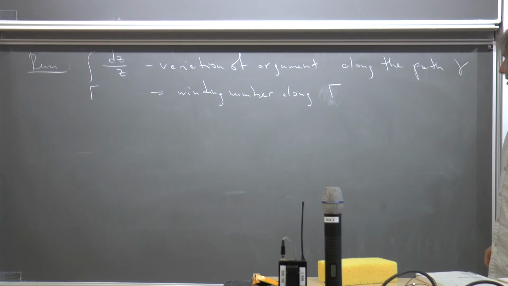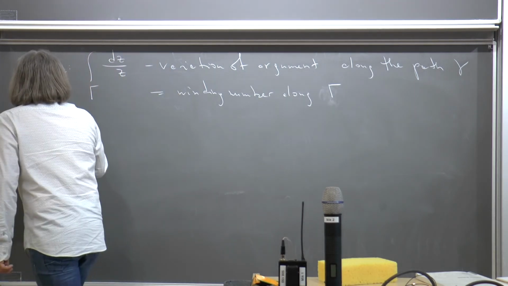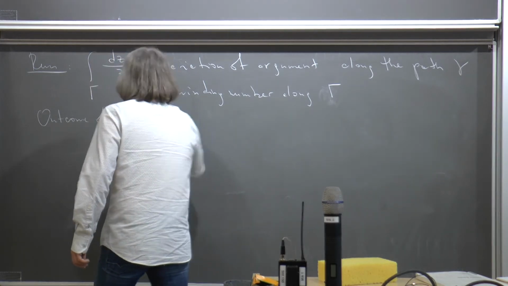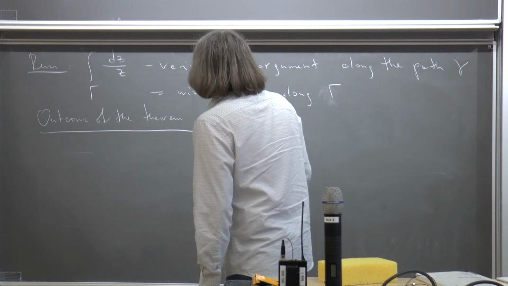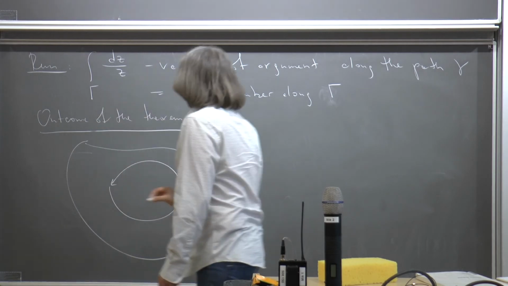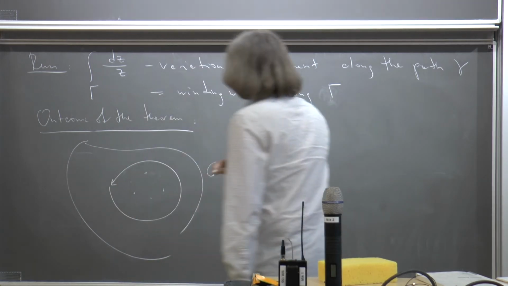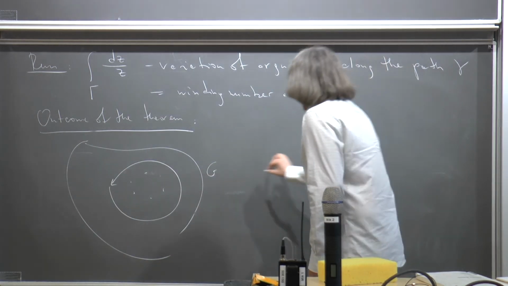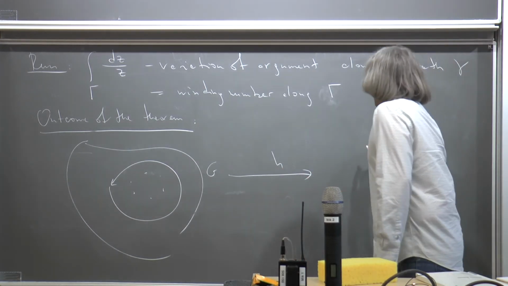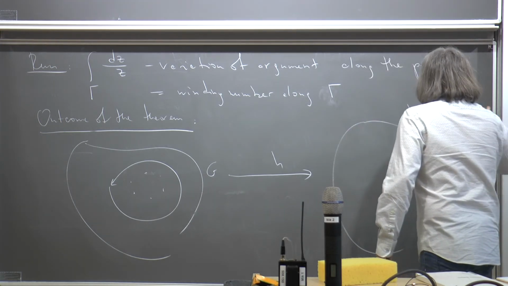Now, the outcome of this theorem is, so we have this path gamma which goes around all the zeros and poles, and then we apply h, and now this will become a new domain, maybe h of G in complex numbers.